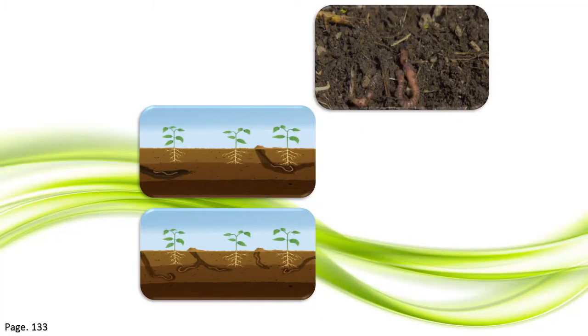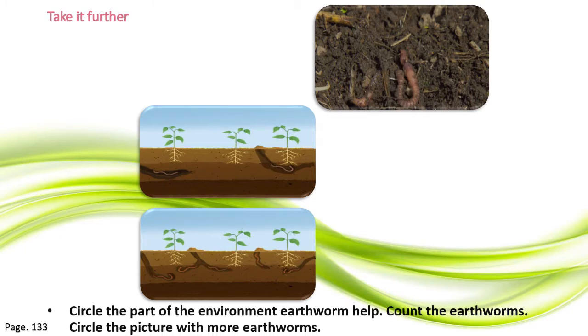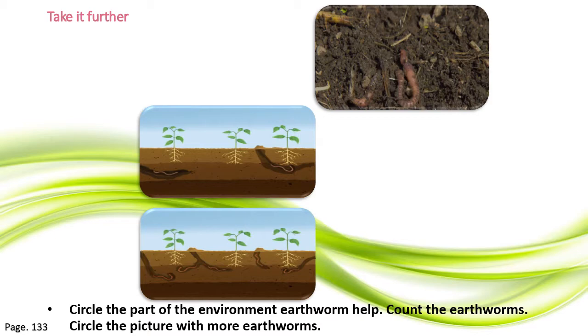Now, let's open page 133 in our science book, where we are going to solve the following exercises together. On this page, we are asked to circle the part of the environment earthworms help.